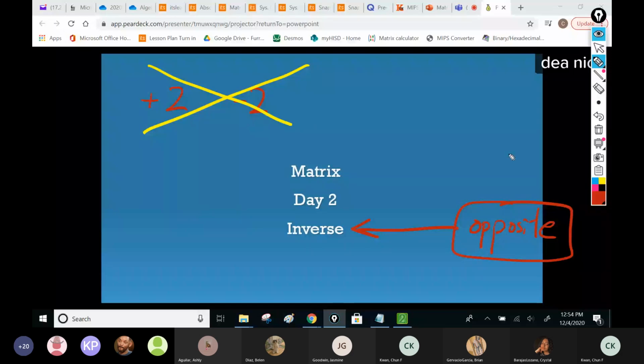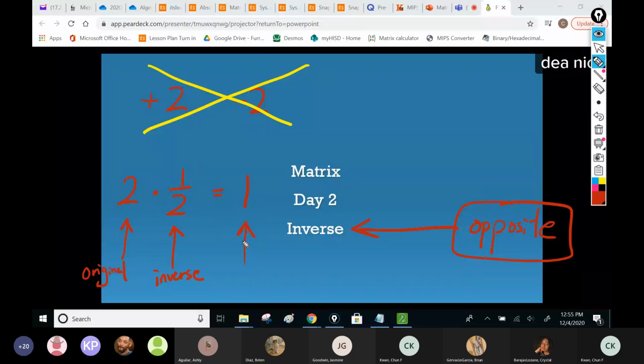Inverse is something like this. If you have a number and you multiply it by its inverse, the outcome is going to be 1. Whatever number you start with, the original number, you multiply it with the inverse of that number, and you will get a positive 1.